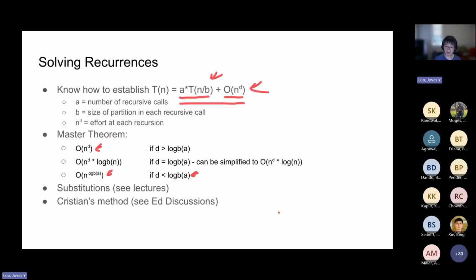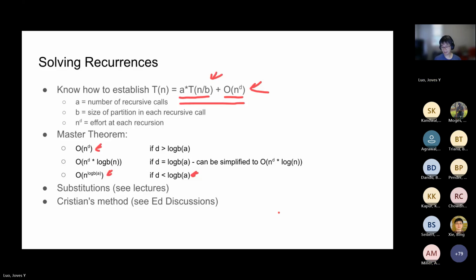You might just recognize the binary search equation. You might just recognize the merge sort equation and immediately go to O of log n or O of n log n. That's fine. Whatever you do in between doesn't matter to us. But you do have to at least establish this equation. Got it. Thank you.